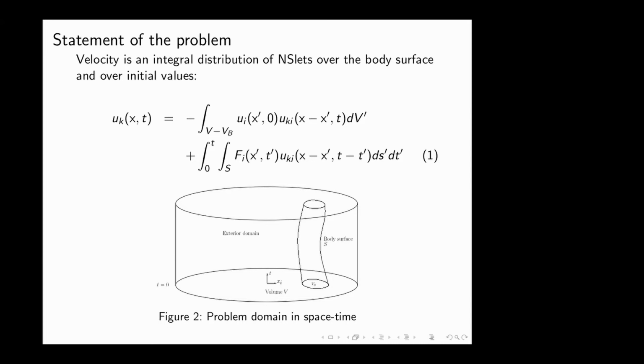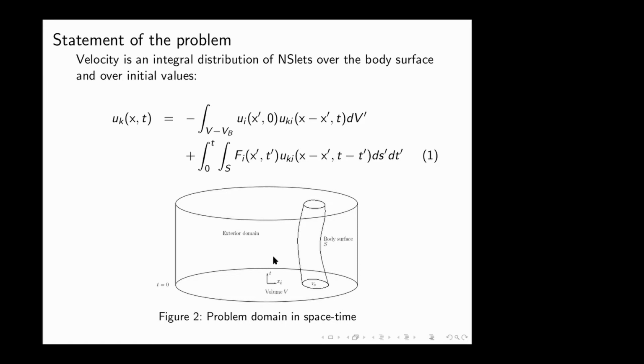So what's represented here in figure 2 is a kind of space-time diagram. And this is the boundary of the domain that the boundary integral representation uses. So what the boundary integral representation does is it represents the velocity as a distribution over the boundary, and the boundaries are listed within that figure.